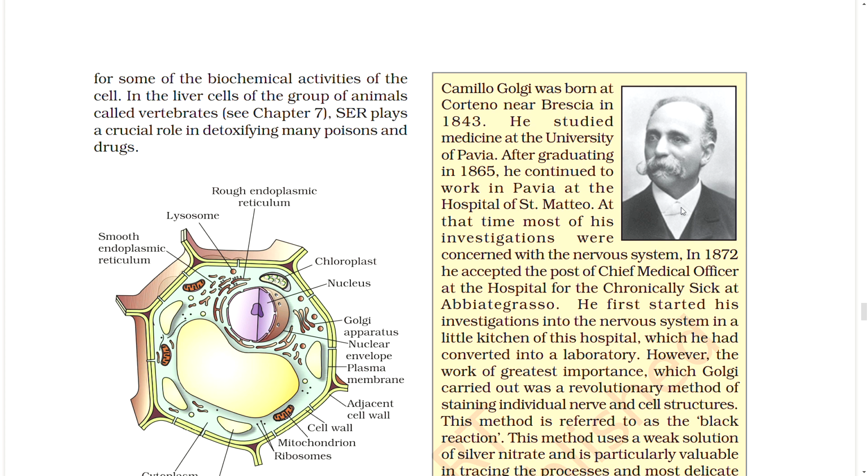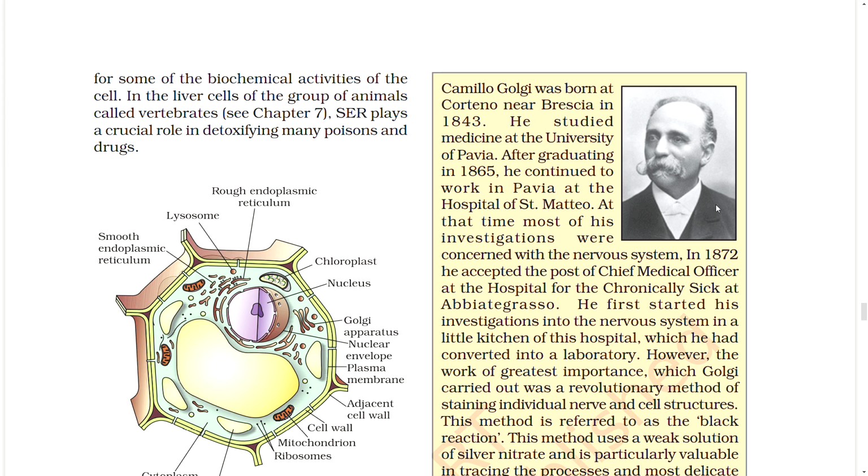In 1872, he accepted the post of Chief Medical Officer at the hospital for the chronically sick at Abbiategrasso. He first started his investigations into the nervous system in a little kitchen of this hospital, which he had converted into a laboratory.